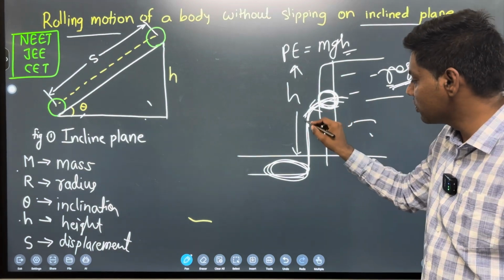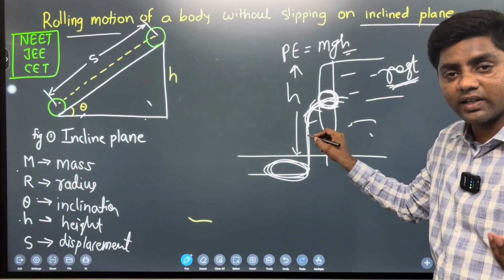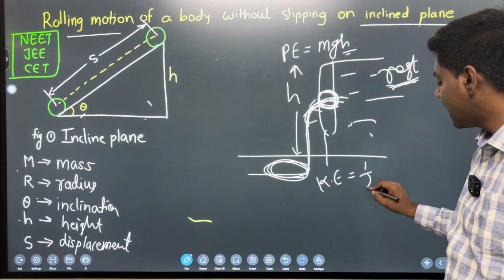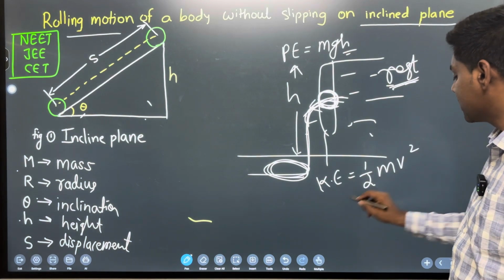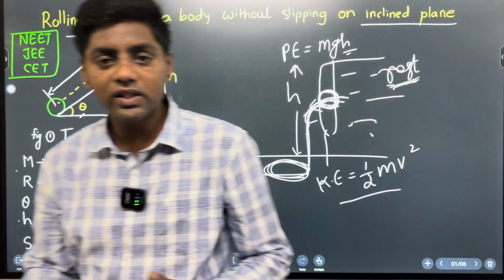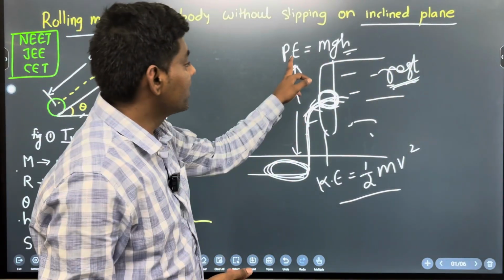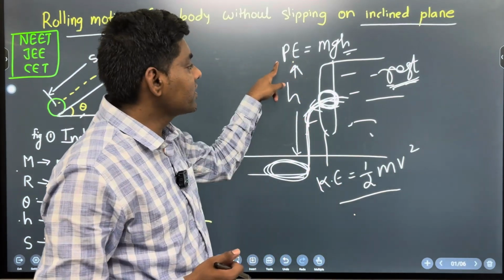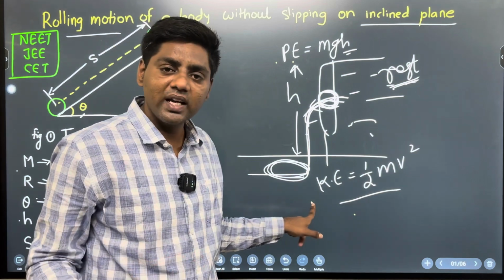Whenever it goes into motion, it changes its kinetic energy. So what is the kinetic energy? Kinetic energy equals half mv square. So what happens in that case: potential energy decreases, kinetic energy increases, or simply we can say that the loss in potential energy is equal to the gain in kinetic energy.